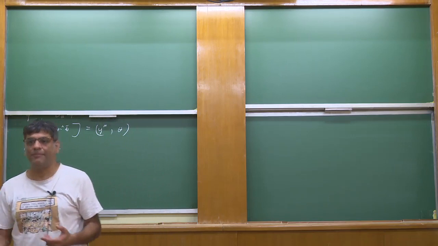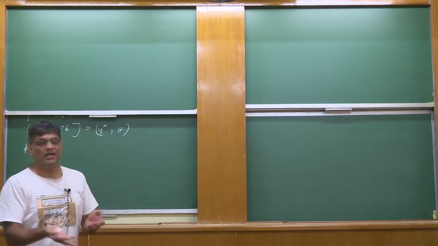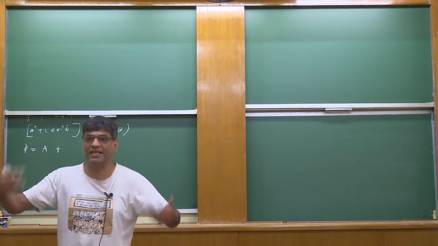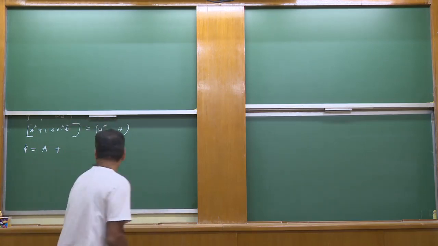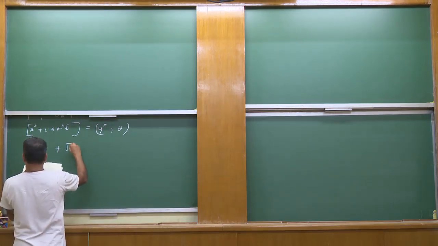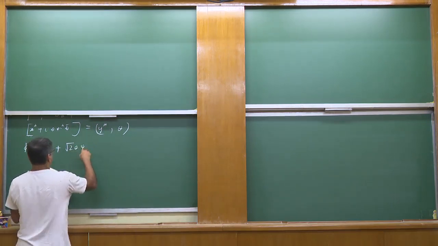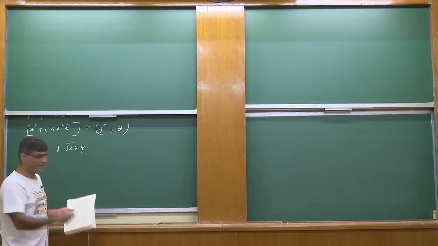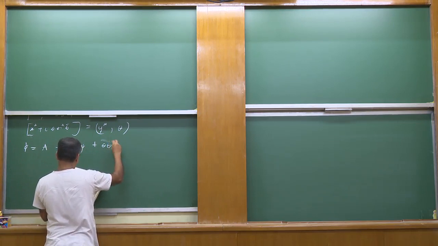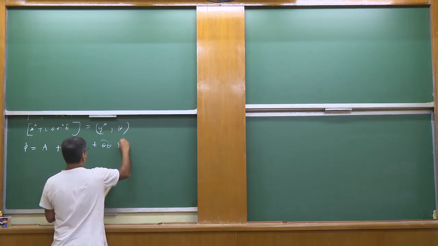Then expanding those fields to get functions of theta and theta bar, we found A plus square root 2 theta psi, this was the field that we started with, plus theta theta F.